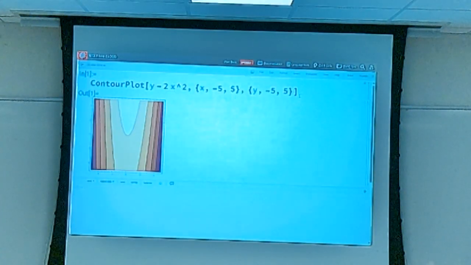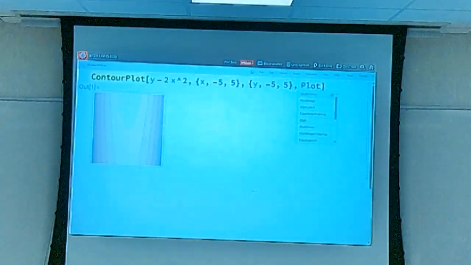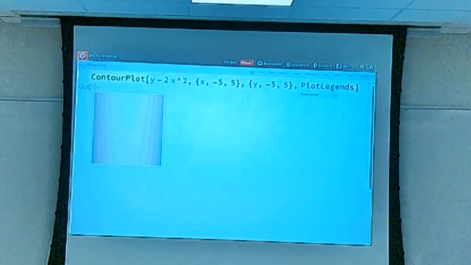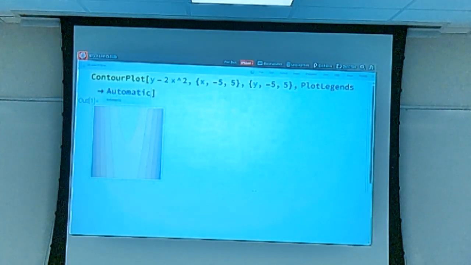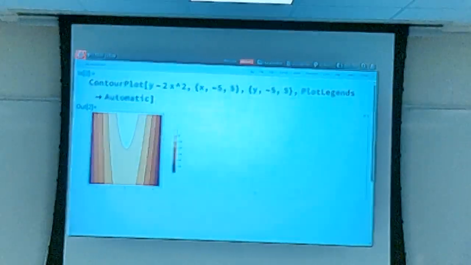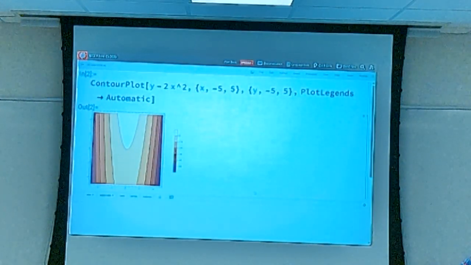We can add a plot legend, which will show you what those shades mean. Right, those shades for a contour map just give you the different contour levels that are used.